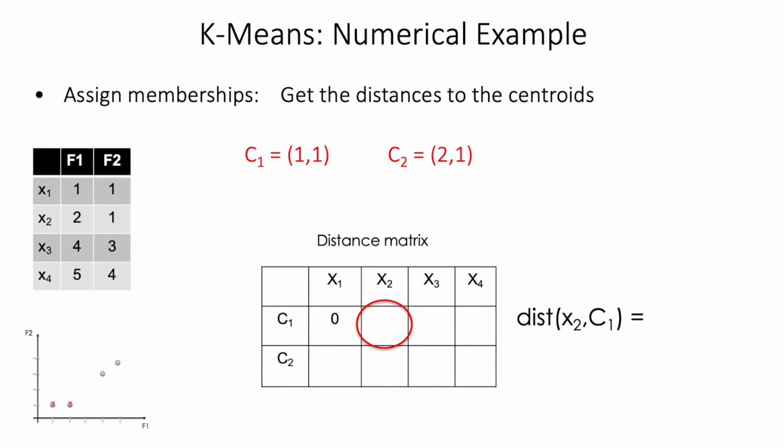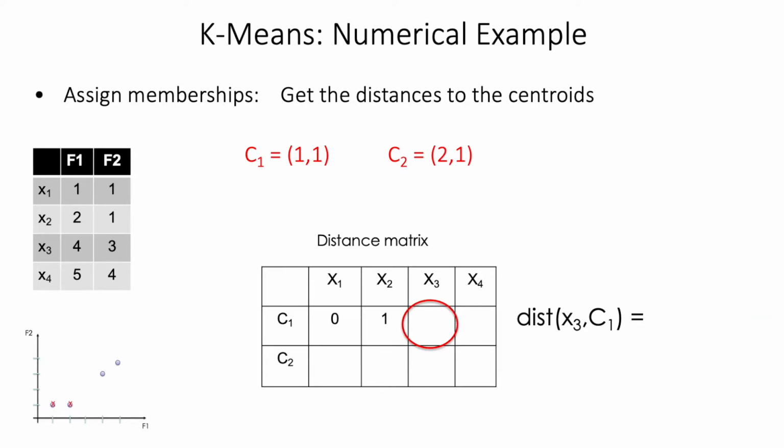Now we need to calculate the distance between x2 and c1. x2 is (2, 1) and c1 is (1, 1). Here we calculate the Euclidean distance. It'll be the square root of (2 minus 1) to the power of 2 plus (1 minus 1) to the power of 2, so this is 1.